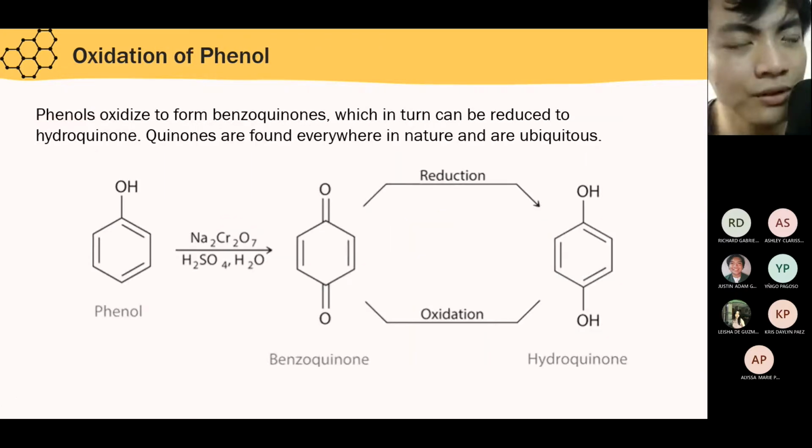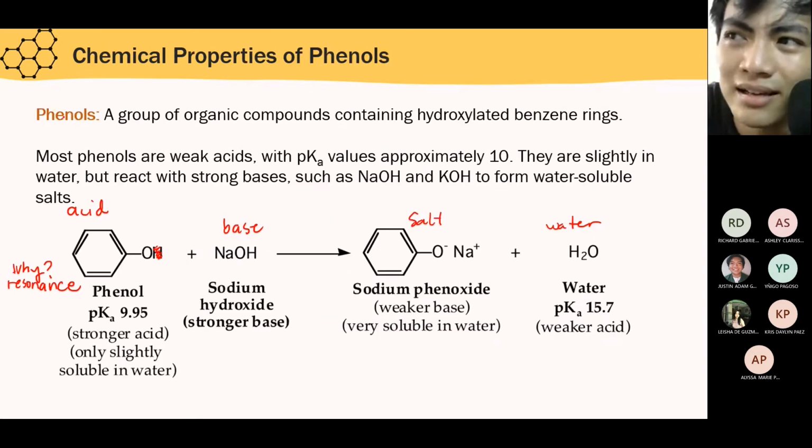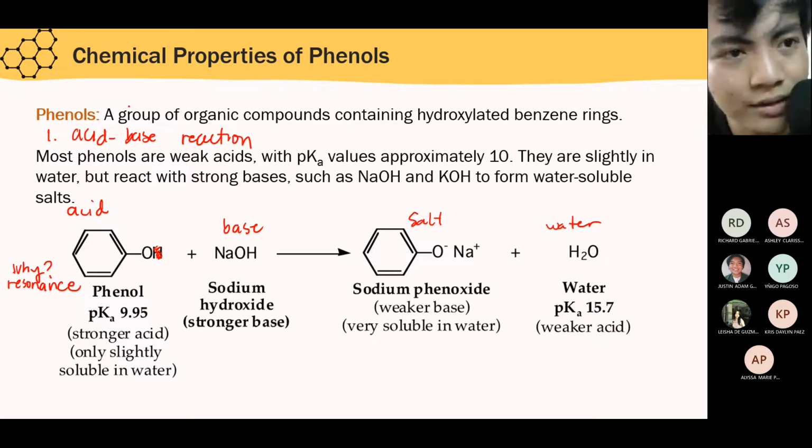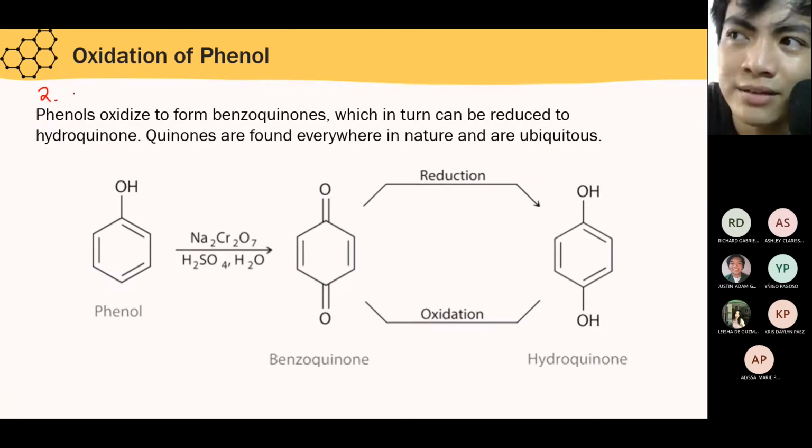Other reaction of phenol involve redox process. Alam niyo naman yung meaning ng redox, di ba? Reduction, oxidation. So, ito yung second reaction. Kaya kanina, acid-base reaction. Okay, so that's the acid-base reaction of phenol. Ngayon, what we have here is the redox reaction.